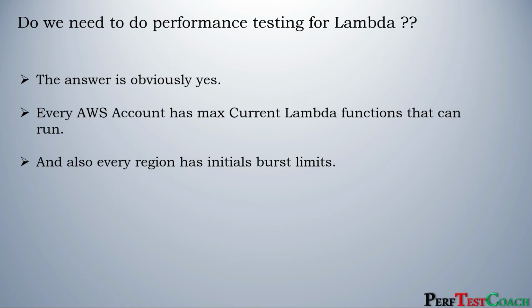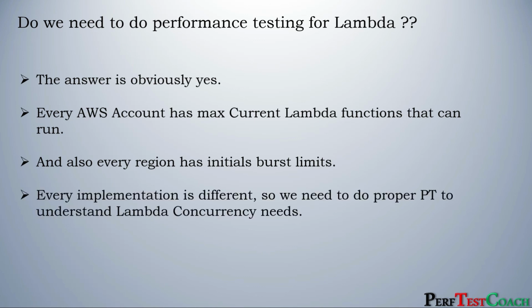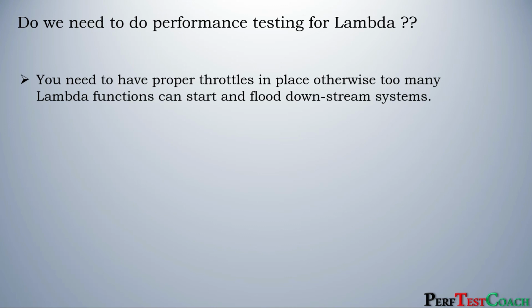For a few regions, the burst limit is 500, and for a few regions, it is 3000. Every implementation is different. So we need to do proper performance testing to understand Lambda concurrency needs. You need to have proper throttles in place, otherwise too many Lambda functions can start and flood downstream systems.